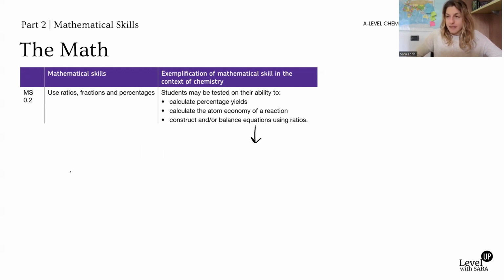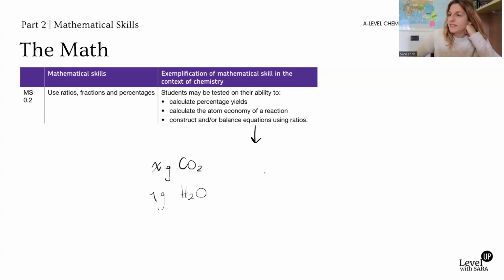you're given a reaction that, for example, produces a certain mass X of carbon dioxide and a mass Y of water. Construct the balanced equation for the complete combustion of one hydrocarbon.